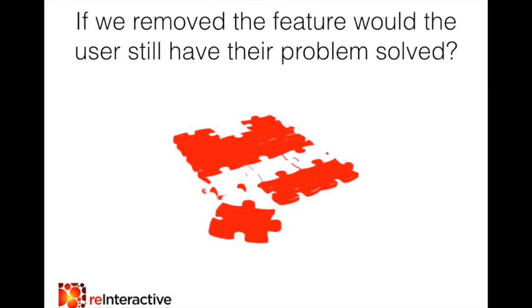And even if the answer might be no, we need something there, we can then ask ourselves another question, which is, can we provide a simpler option that will be an acceptable substitute for that feature? I'll go into some examples later on when we walk through an example application.